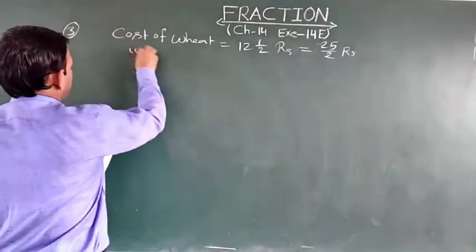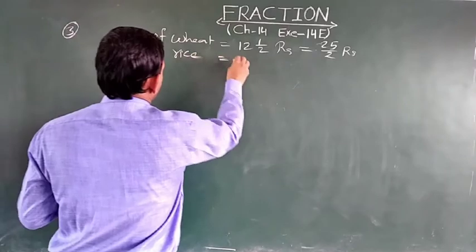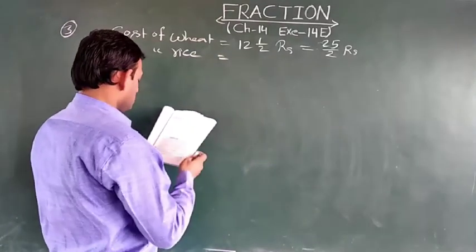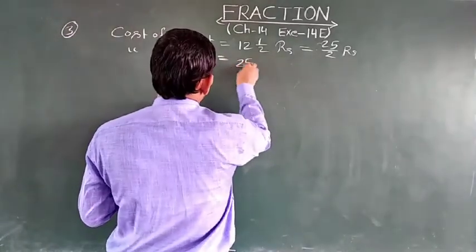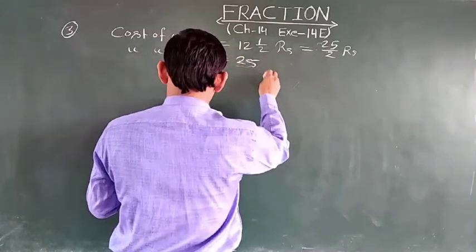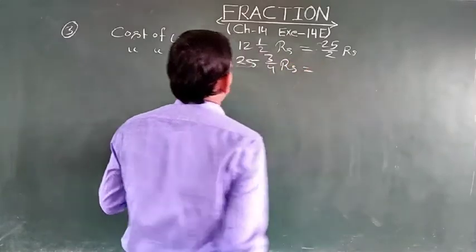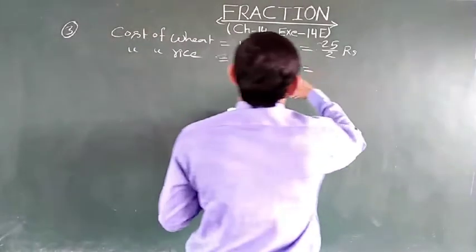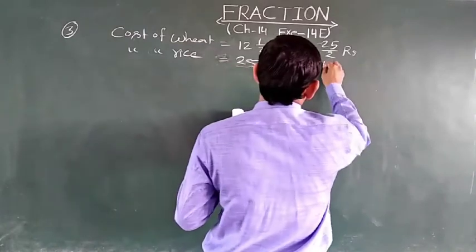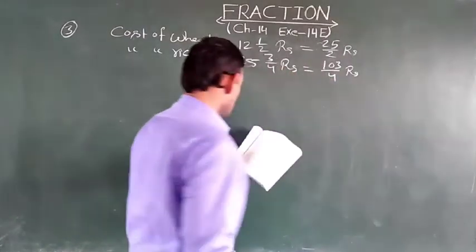Now the cost of rice is equal to 25 whole 3 by 4 rupees. Again we will just convert it. 25 4s are 100 and 3, 103 upon 4 rupees.